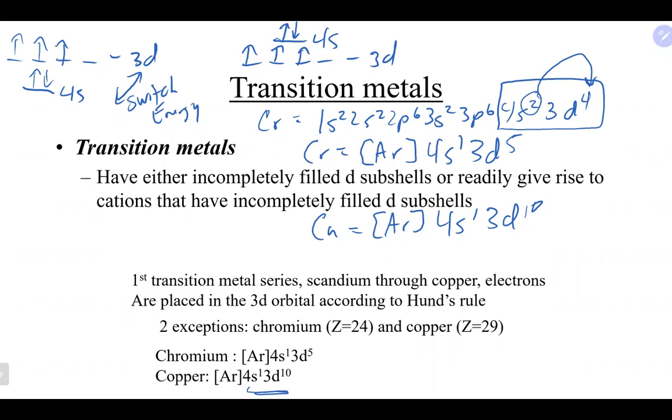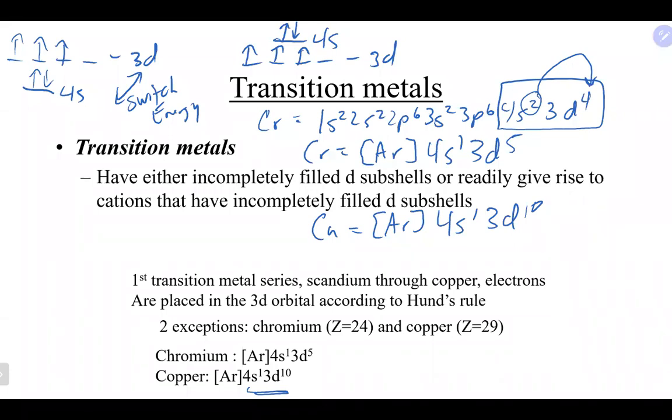Just so you know, if you go under chromium and copper on the periodic table to silver and underneath, and in between those two, there are a lot more of these exceptions where extra electrons go up into the d. For example, Pd has no electrons in its s. They've all gone up to the d.